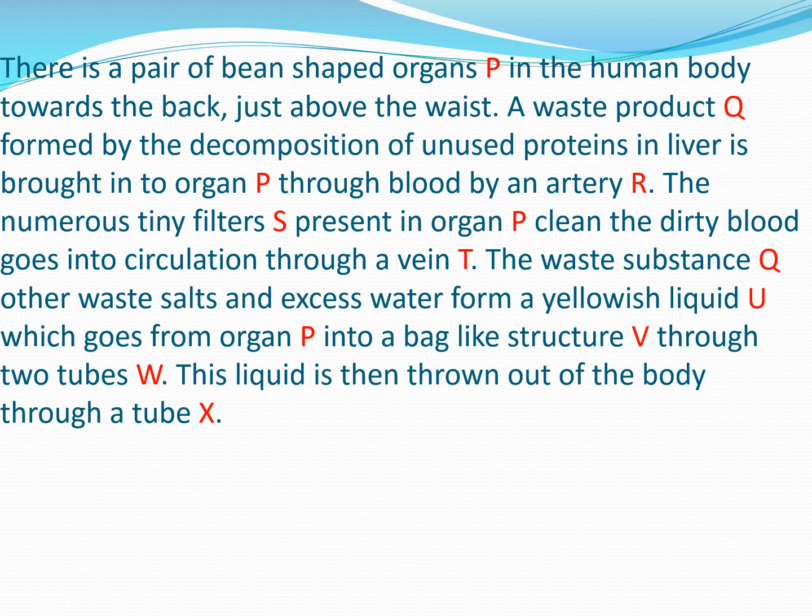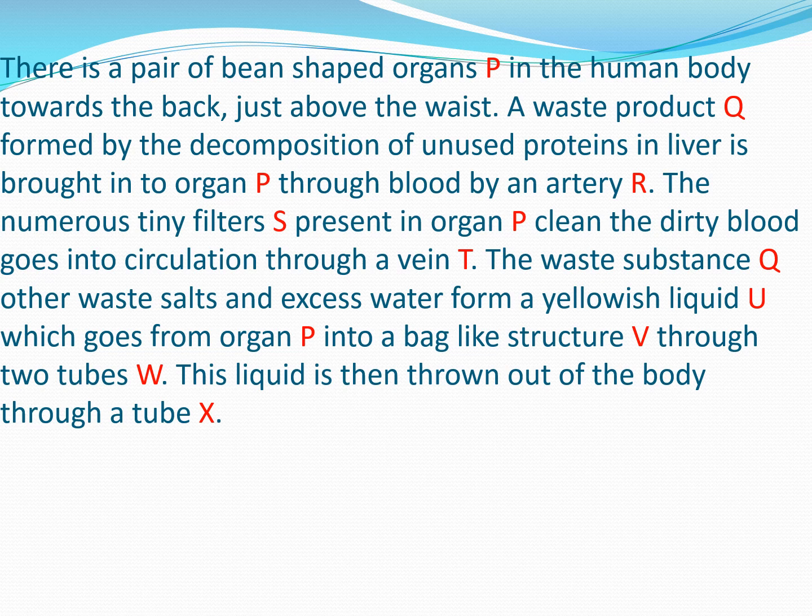There is a pair of bean shaped organs P in the human body. Bean shaped organs are kidneys. So P is kidney. Okay, so bean shaped organs, kidneys in the human body, towards the back, just above the waist. A waste product Q formed by the decomposition of unused proteins in liver.